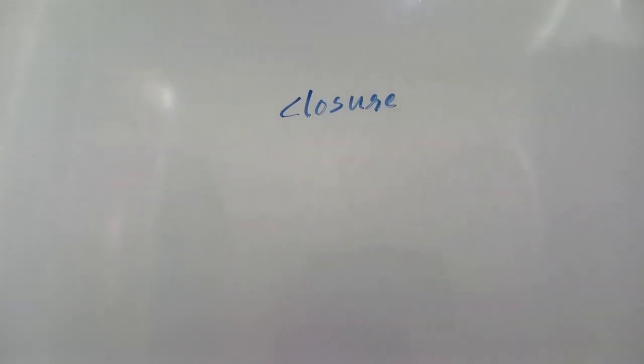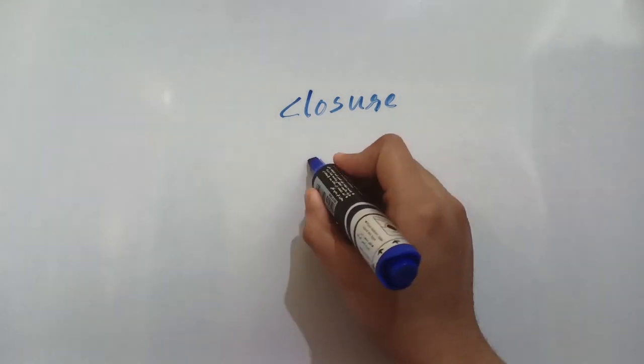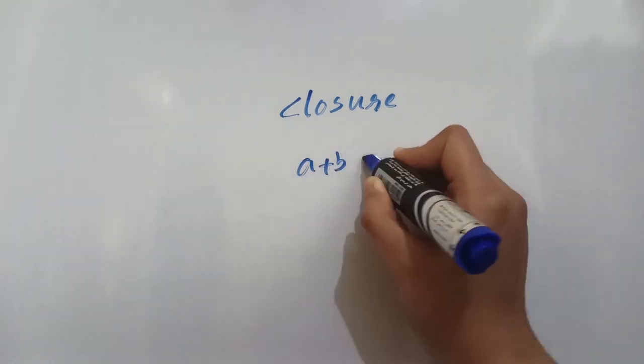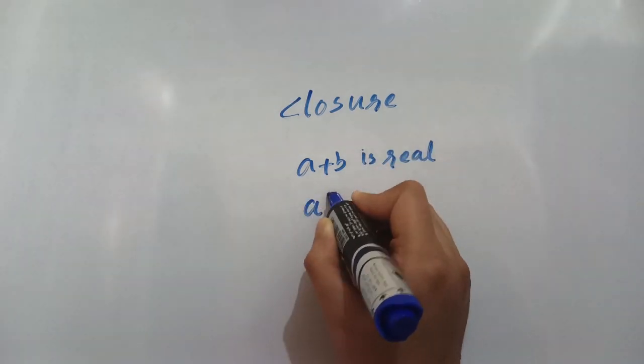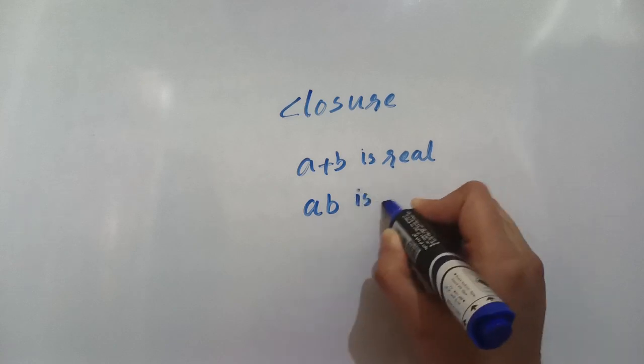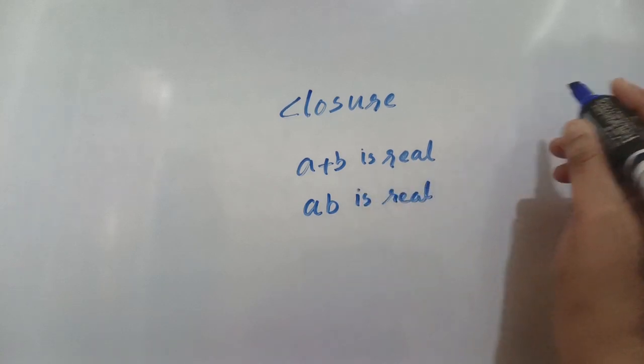Next one, closure property. That is, real numbers are closed under addition and multiplication. It means that the result is also a real number. If we add or multiply real numbers, the result is also a real number. That is, a plus b is real, a into b is real.